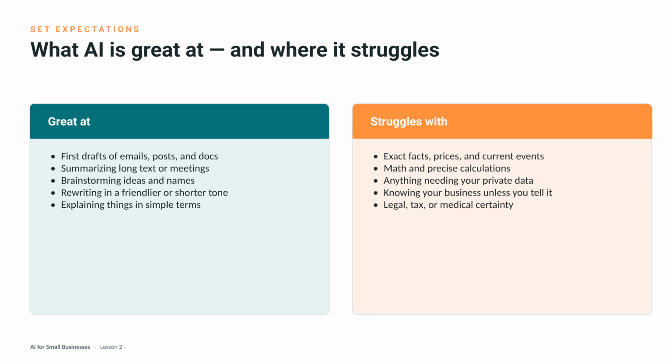On the right, where it struggles: exact facts, current prices, and recent events, precise math, anything that requires your private business data it's never seen, and areas where being wrong is costly, like legal, tax, or medical specifics. The pattern is simple. Lean on AI for drafting and thinking. Keep a human in the loop for facts and final decisions. Play to its strengths, and it rarely disappoints.